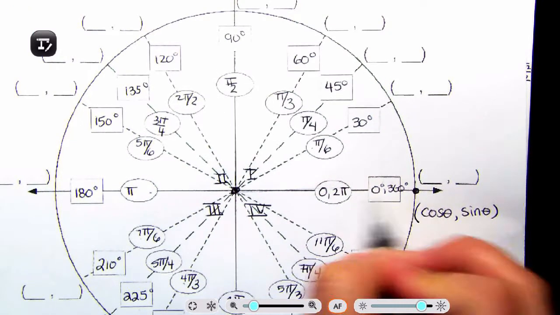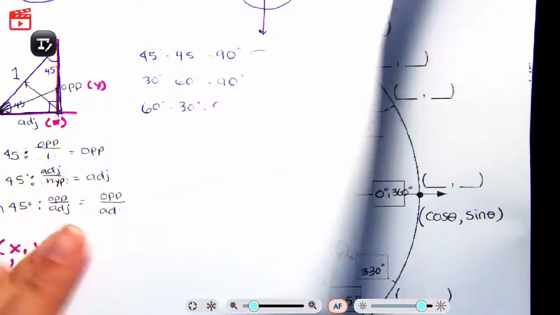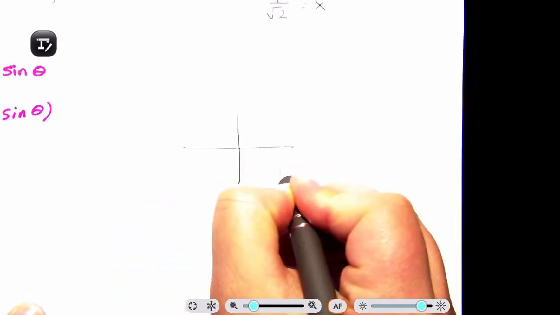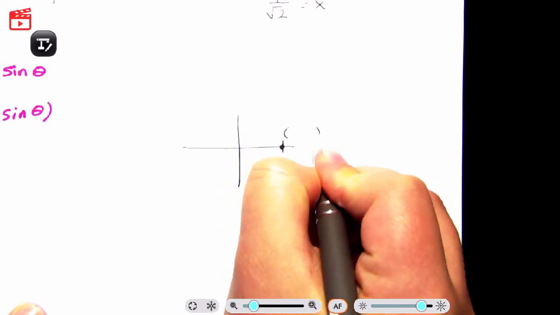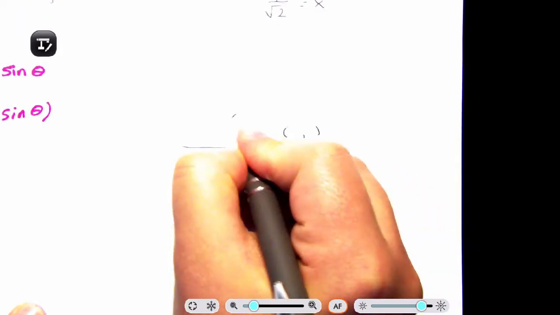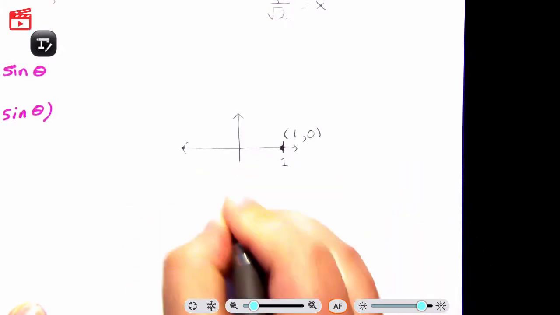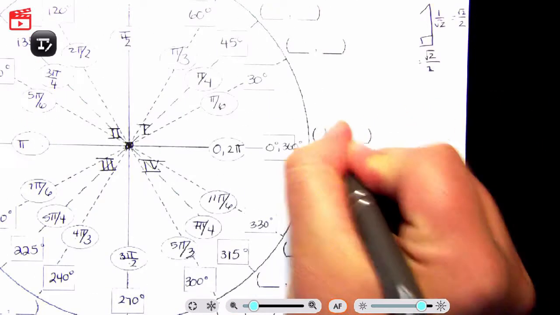So if this was just a point on a regular graph, here it is, and this value is 1, what would you call that point? Well, this is 1, 0, because you traveled 1, but you didn't go up or down. It's the same thing here. So this one's going to be 1, 0.